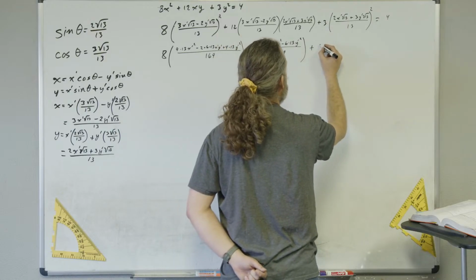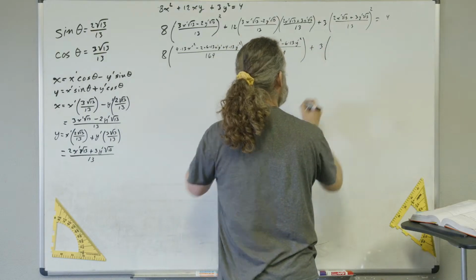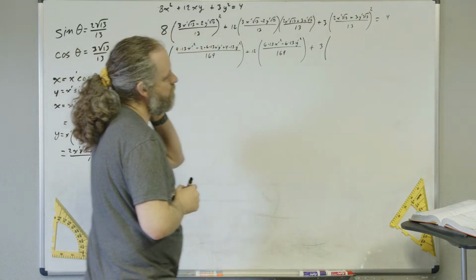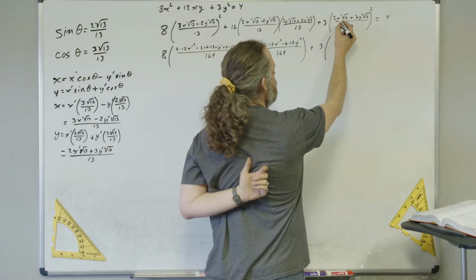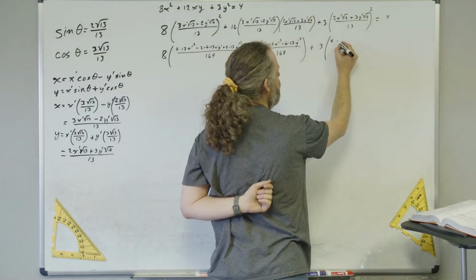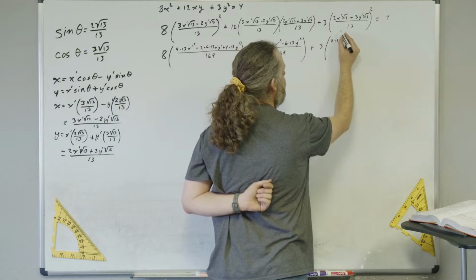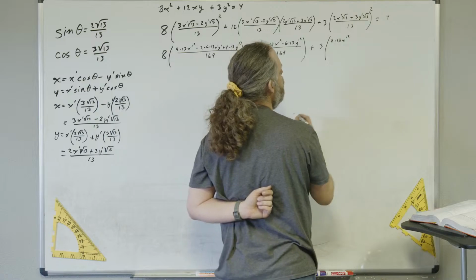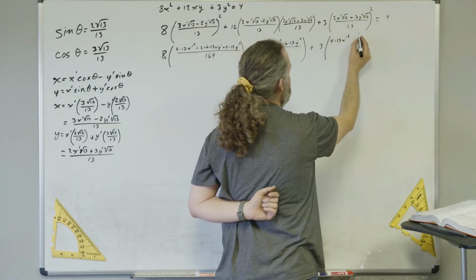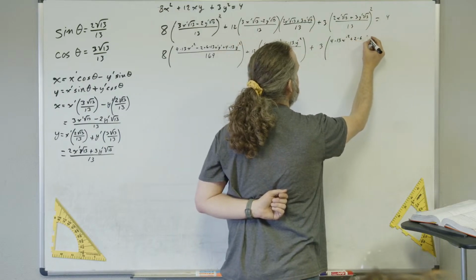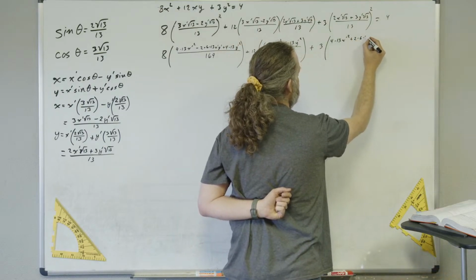Plus 3 times binomial squared. The first one squared. 2 squared is 4. Square root of 13 squared is 13. X prime squared is X prime squared. Plus 2 times these multiplied together. So plus 2 times 3 is 6. Square root of 13 times square root of 13 is 13.